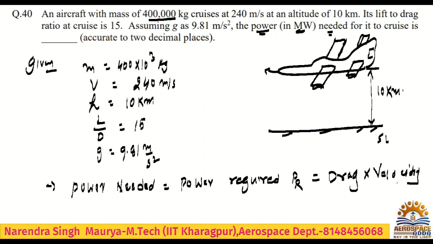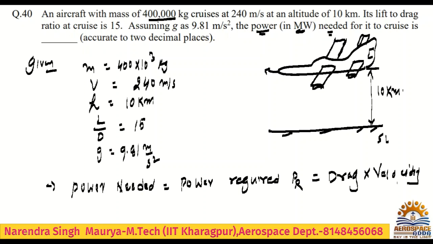So hope you understood. Power is nothing but force into velocity, which you know from very basic 6th or 9th standard physics. So what force is required, lift force or drag force? Obviously drag force, because drag is the opposition force.